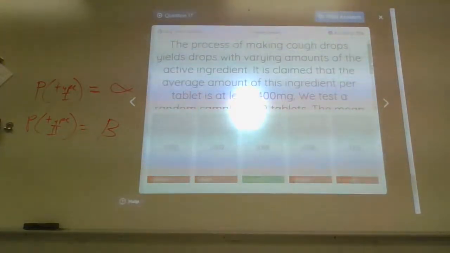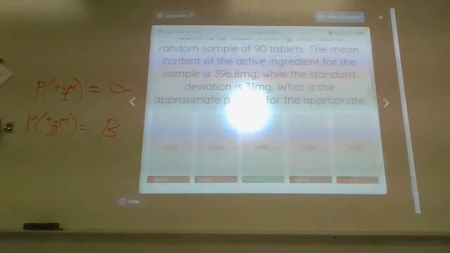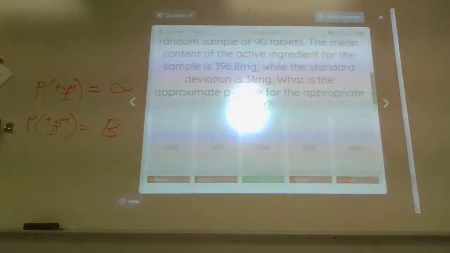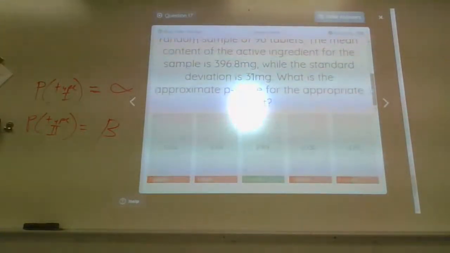It is claimed that the average amount of this ingredient per tablet is 400 milligrams. We test a random sample of 90 tablets. The mean content of the active ingredient for the sample was 396.8. Well, the standard deviation is 31 milligrams. What is the approximate p-value for the appropriate test?